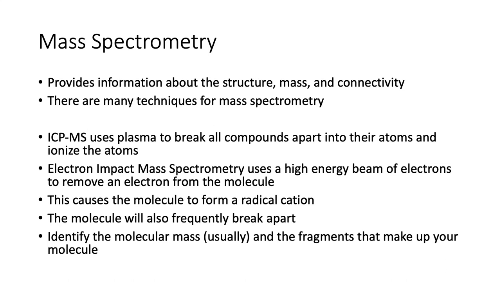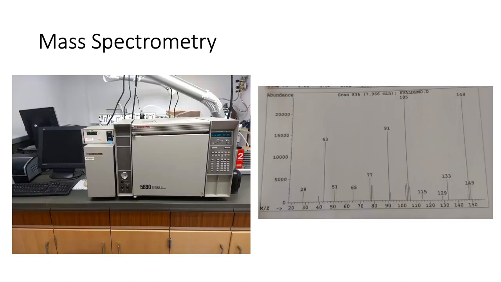Sometimes you will get the radical cation of your whole molecule that will make it through the mass detector, and you will get the mass of your actual compound. And other times, it'll break apart, and you will see a bunch of pieces of your compound. So you'll see the mass of different fragments of your molecule. So you can use either the mass of your molecular ion. I'll show you what this looks like in a second. So this is what the instrument looks like.